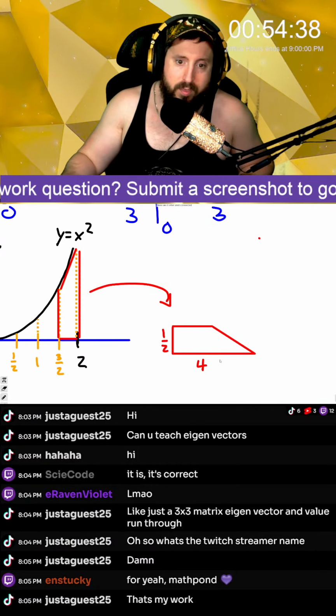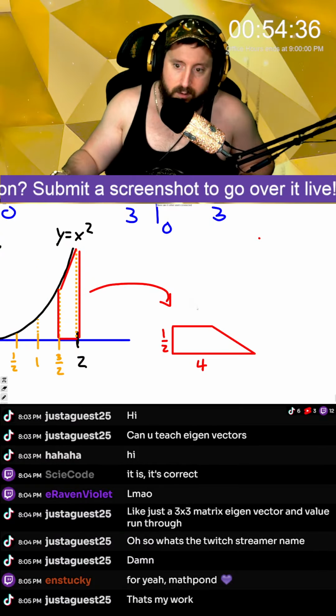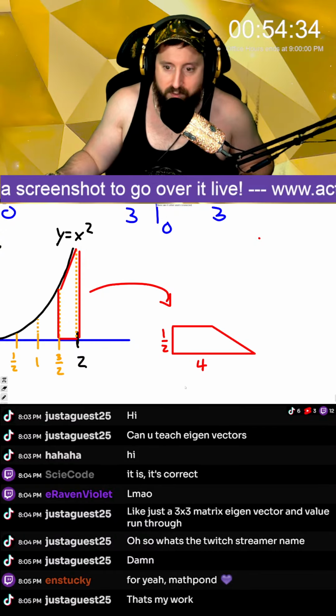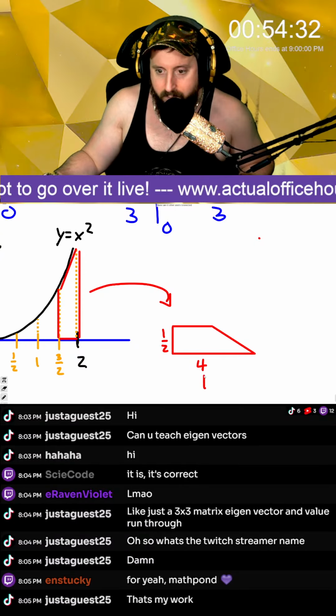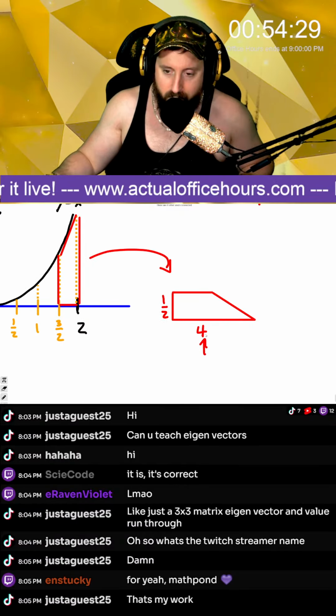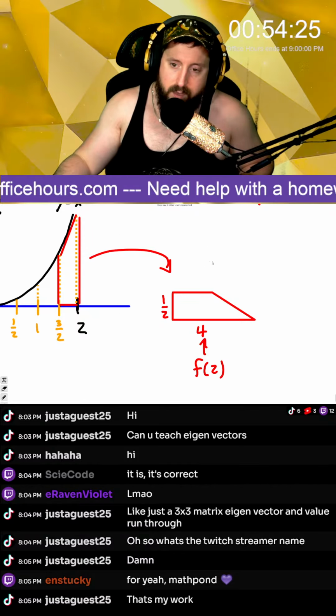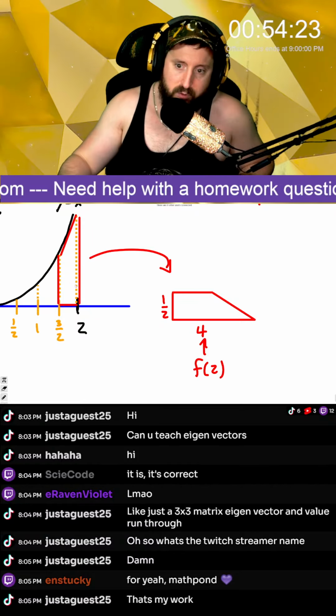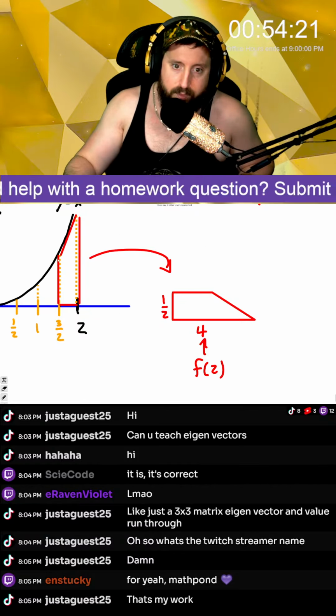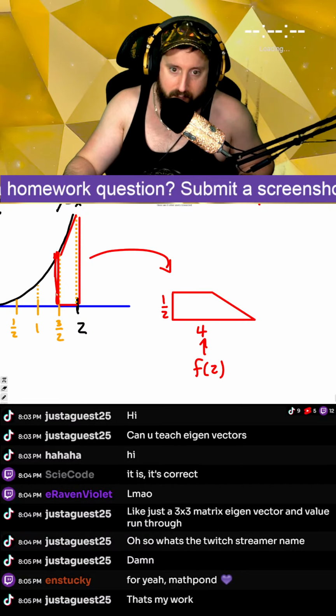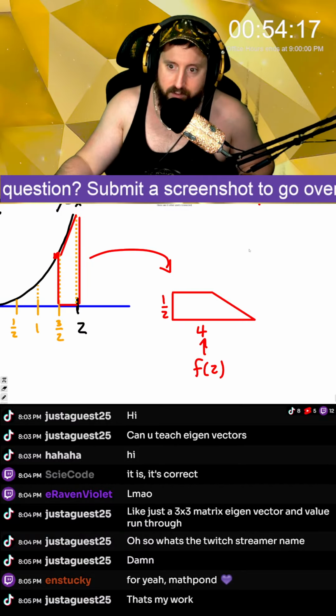Okay, so this trapezoid right here has a base which is equal to 4. This is the same thing as f of 2, right? And then this part of the trapezoid is going to be whatever the y value of this function is at x equals 3/2.